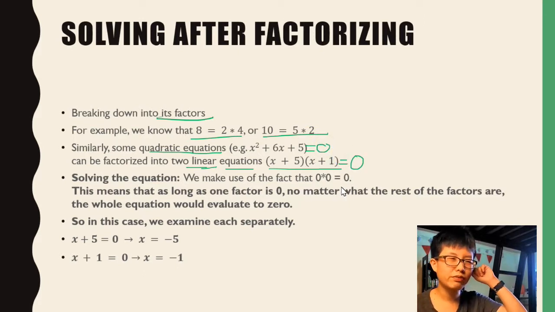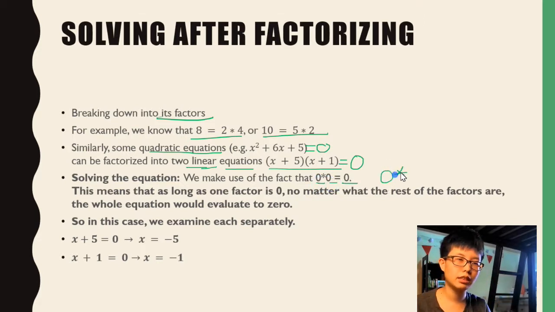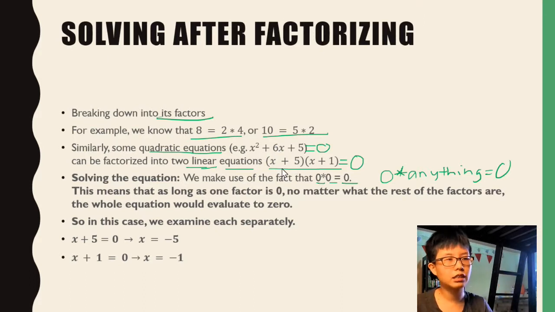We want these two linear equations equals to 0. So by making use of the fact that 0 times anything, if it's not infinity, equals to 0, we can say we either need x plus 5 to equal to 0, or we need x plus 1 equals to 0. We don't need both of them to be equal to 0, we just need either one to be equal to 0, so we say or.